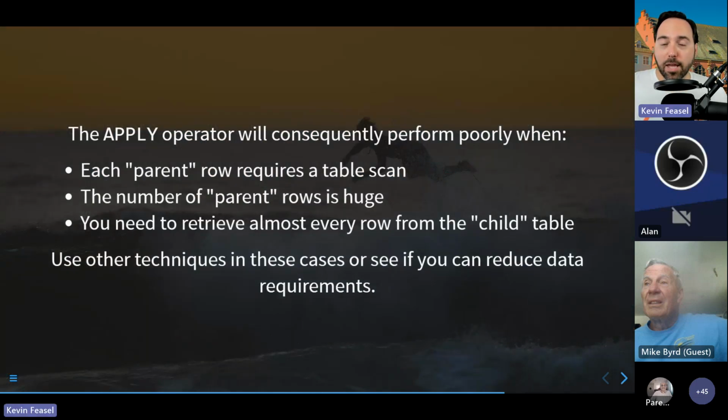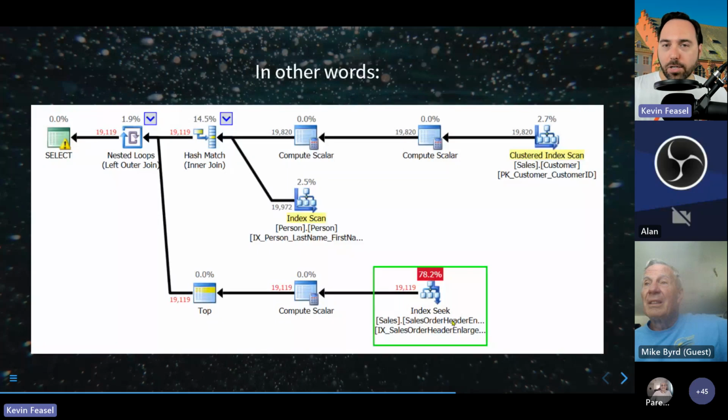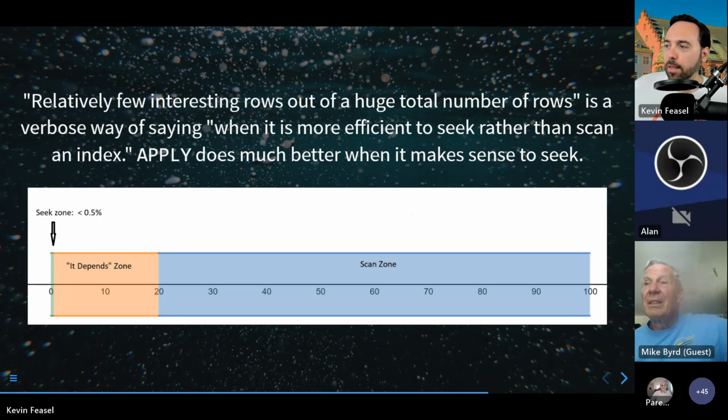So consequently, apply is going to perform poorly if you need a table scan for each parent row. If I needed to scan sales order header enlarged 19,000 times, that's going to be terrible. So I need appropriate indexes so that when I do my lookup, it's a seek instead of a scan.